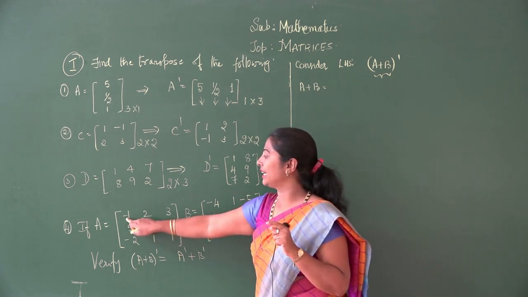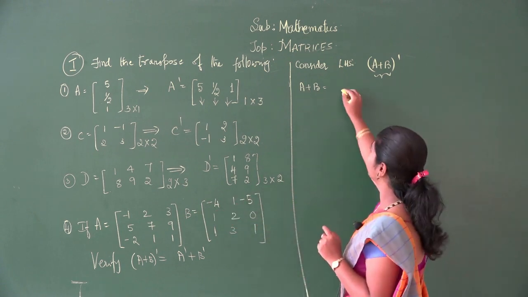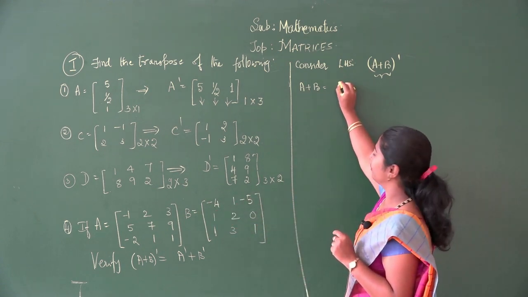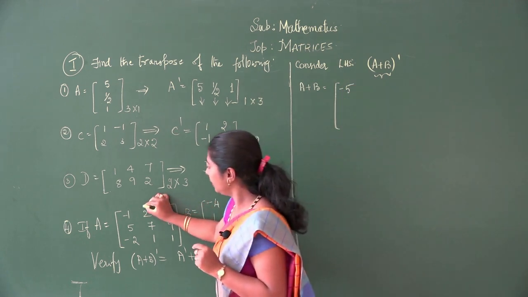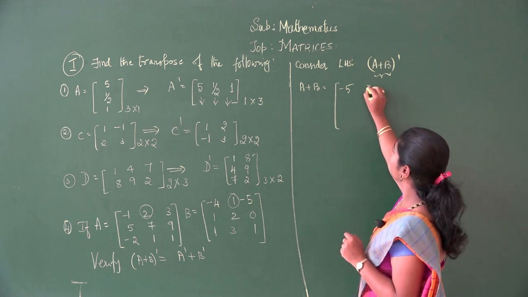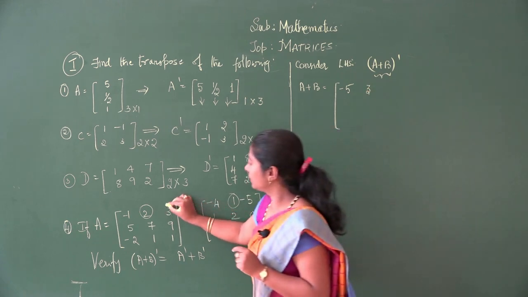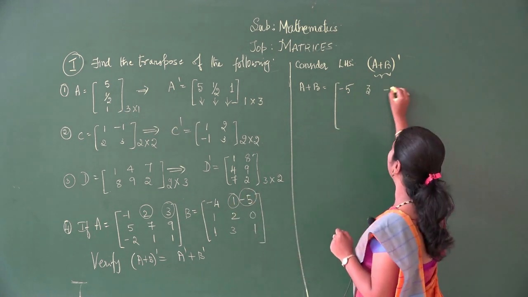Which is the corresponding element of minus 1? It is minus 4. Minus 1 minus 4 is minus 5. Similarly, 2 plus 1 will sum up to 3. 3 minus 5 will be minus 2.